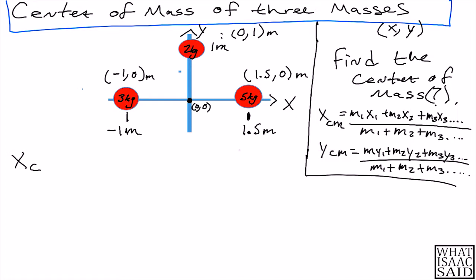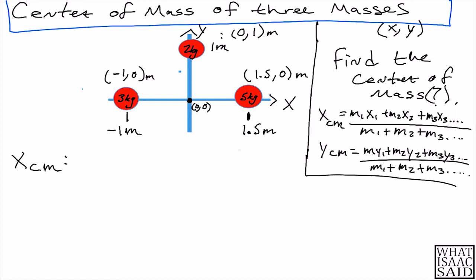So our center of mass in the x direction, we can just plug in the values. Let's follow this right here, the center of mass on the x coordinate. Let me use another color, just so that you know what I'm doing here.